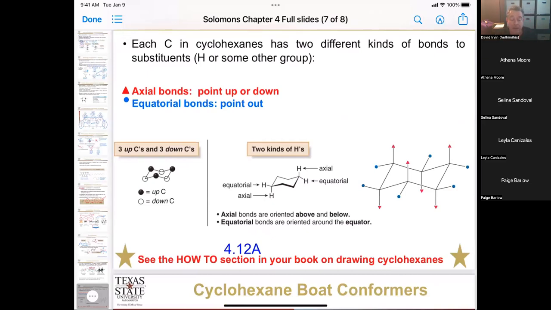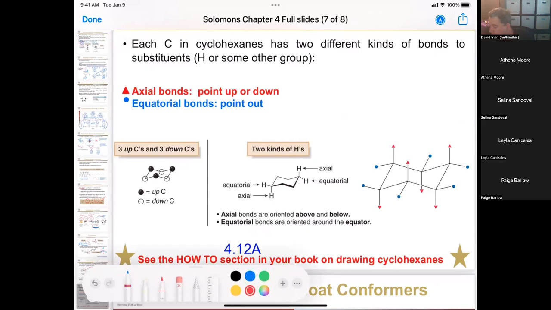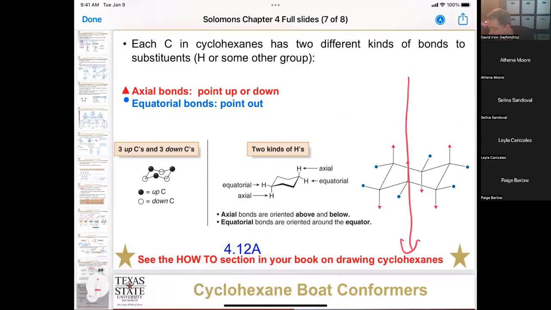Now, the way to think about that is if we draw an axis on here. So let's say this is a planet, okay? So this is Earth, and we're going to have an axis, and it's going to rotate around this axis, right? All the axial hydrogens are going to be parallel with the axis of the Earth. Okay, they're all parallel.